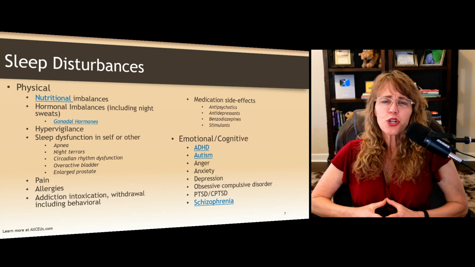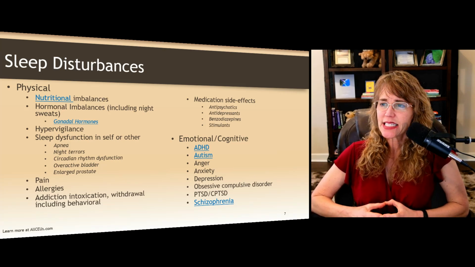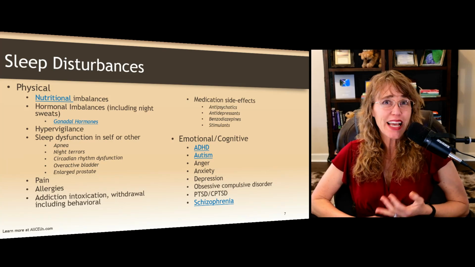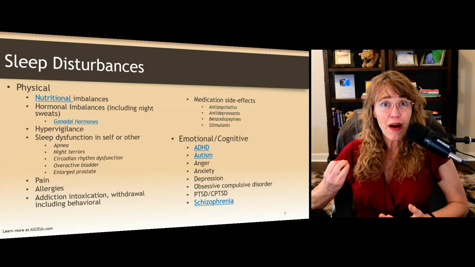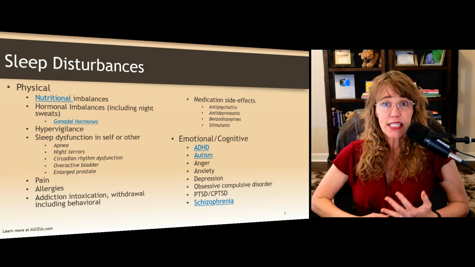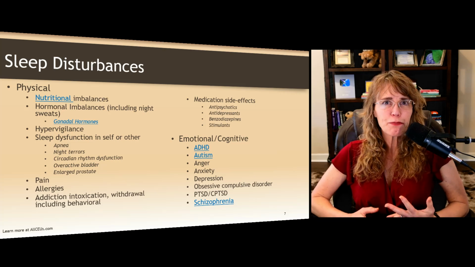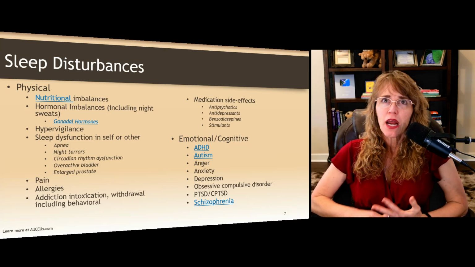What emotional or cognitive things might cause sleep disturbances that we need to consider? ADHD. Very common for people with ADHD and ADD to have difficulty quieting their mind in order to get to sleep. There's a lot of research that indicates people with autism tend to have sleep disturbances.